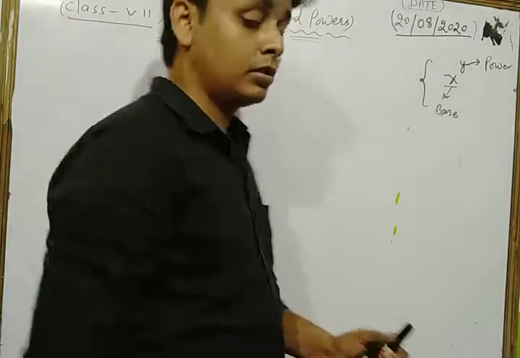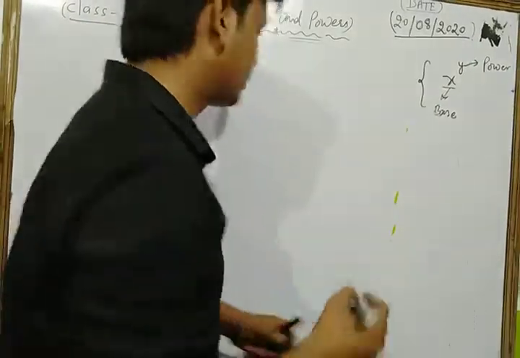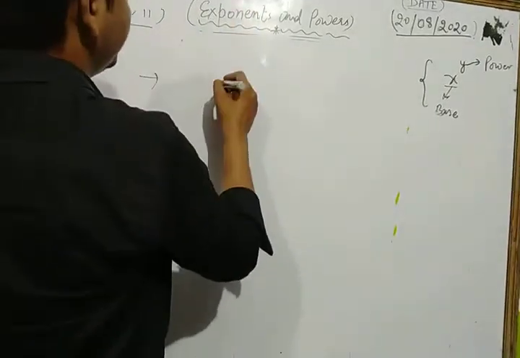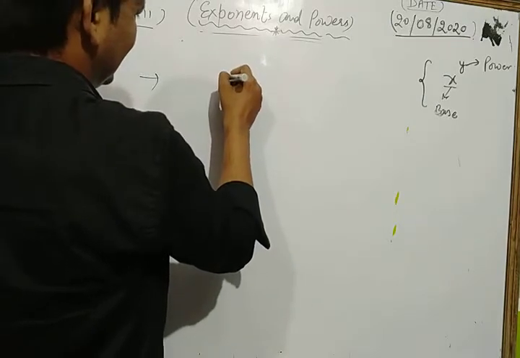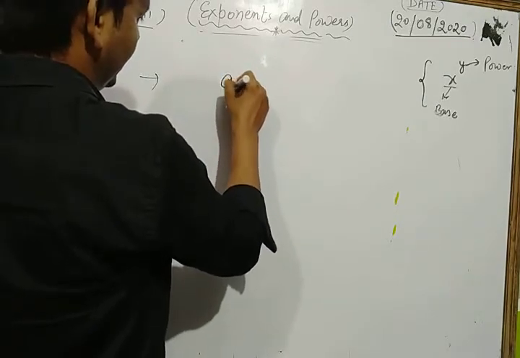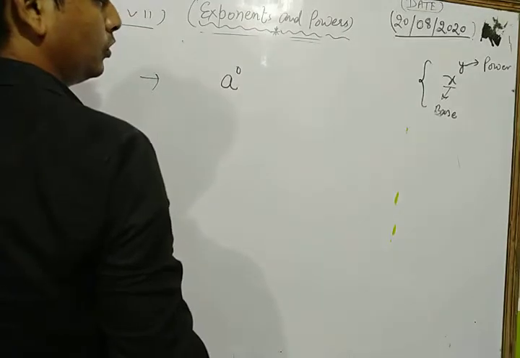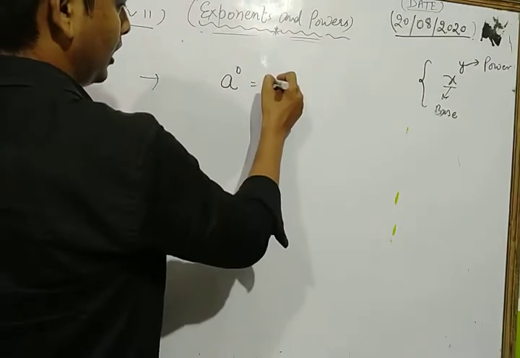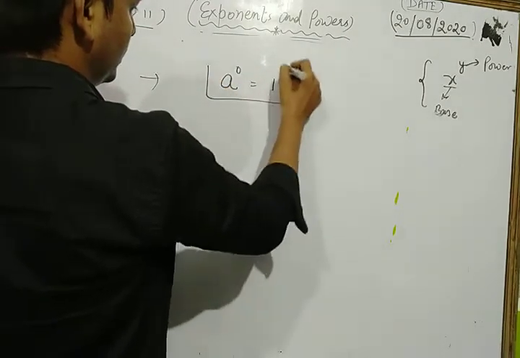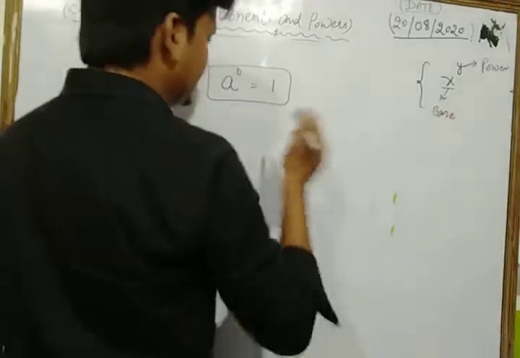Dear students, one of the most important concepts of the law of exponents is that a to the power 0 is always equal to 1. Here a is any integer.